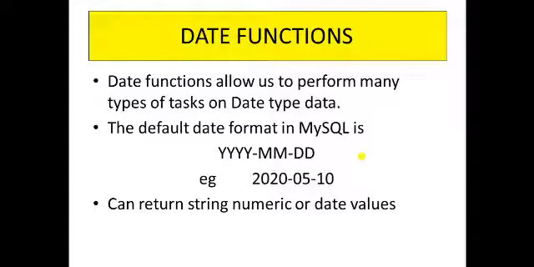For example, the now function returns the date from the system. What is the date today? Every time you execute this function, you will get a date value in return. It doesn't take any value as a parameter. It simply returns the date from the system. Hope it is clear how date functions return different types of values: string, numeric and date values.